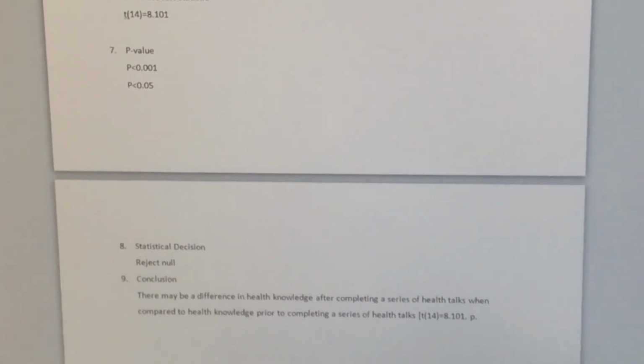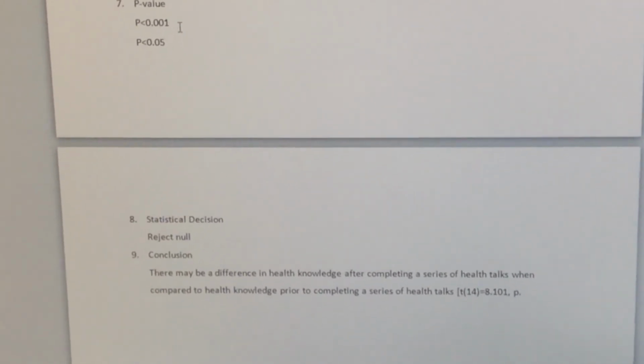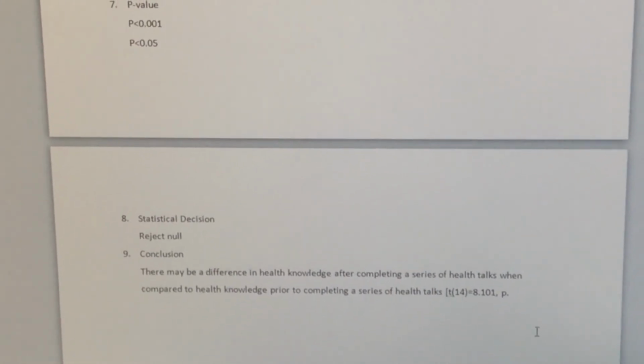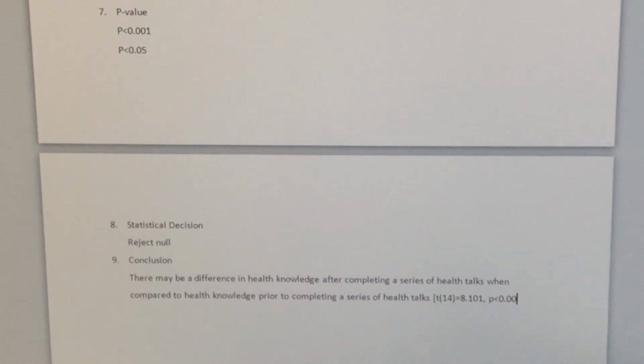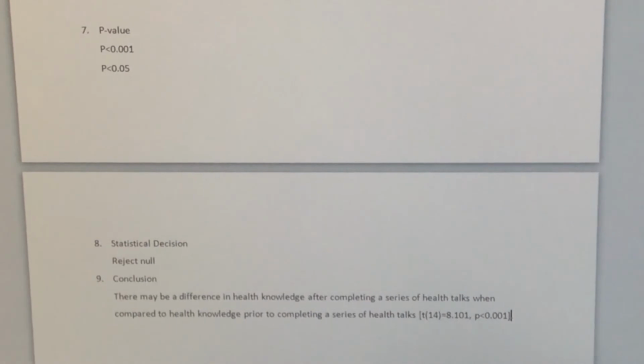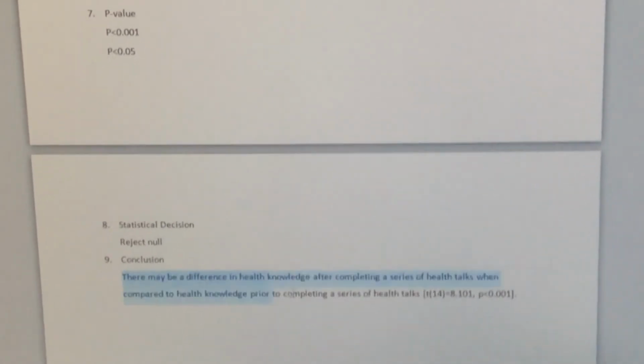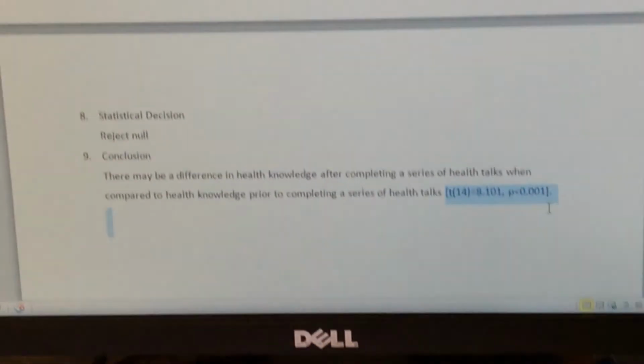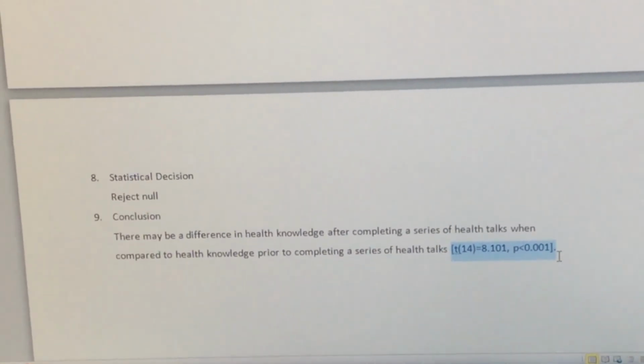And our p-value, you can go back up to step 7, so all of our information is already here, is less than 0.001. We're going to close out our brackets.